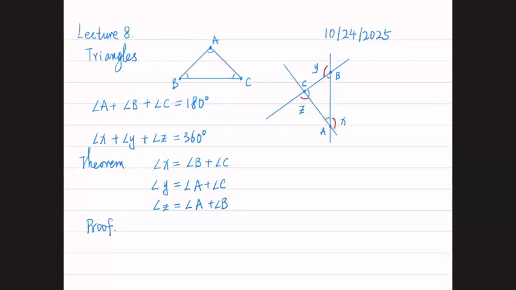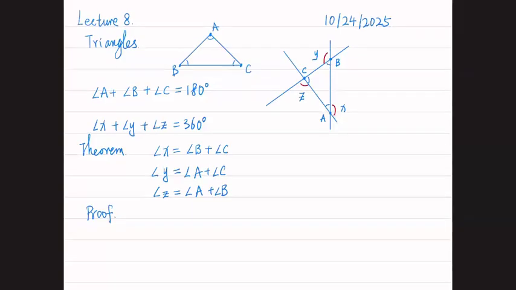So what's the sum of angle A with X? 180. And what's the sum of A with B and C? 180. Now, if we subtract A from this, what can we say about these two angles with this one? Those two added together would be the supplement of X.